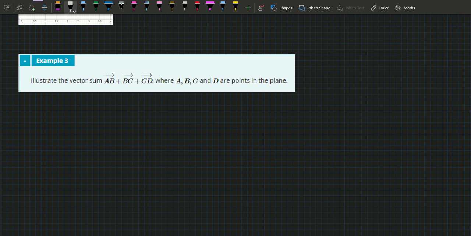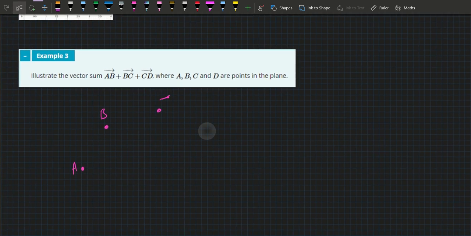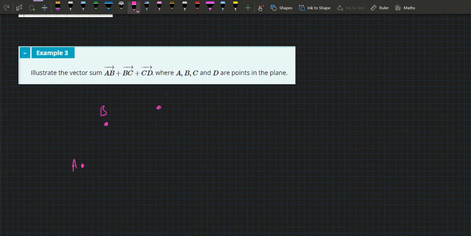If I draw my points here, let's use a different color. I've got A, B, C and D. A to B is this thing here.